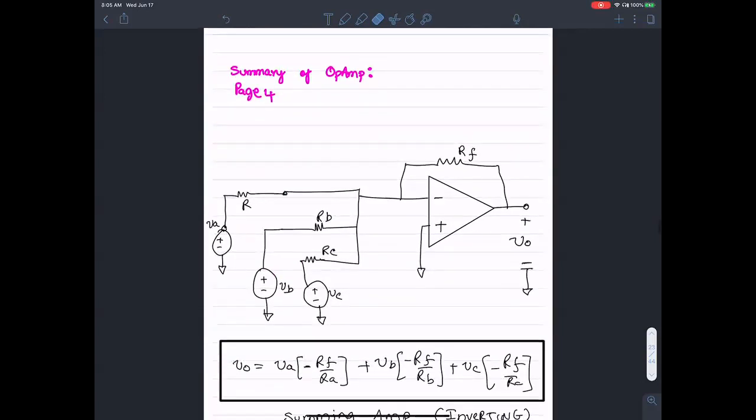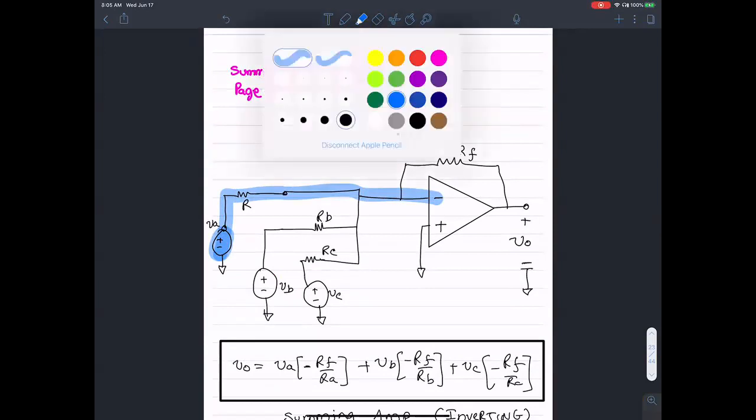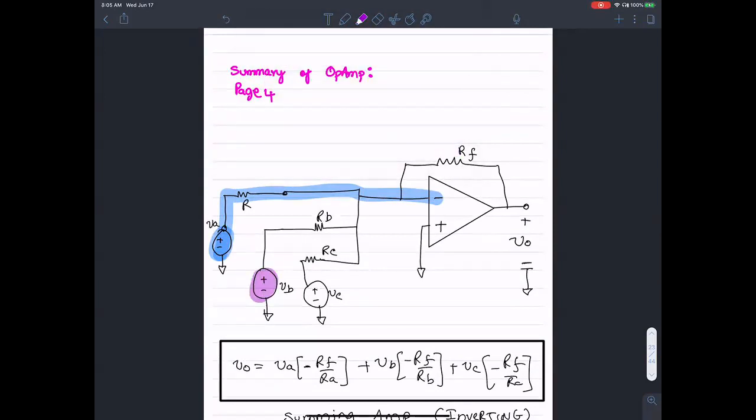Then we saw the difference amplifier, which is simply an enhancement of the inverting amplifier. Instead of having one input connected to the negative terminal, here we have three different inputs.